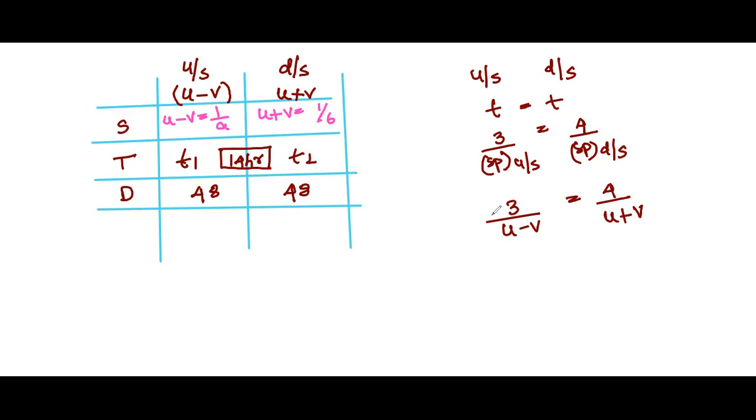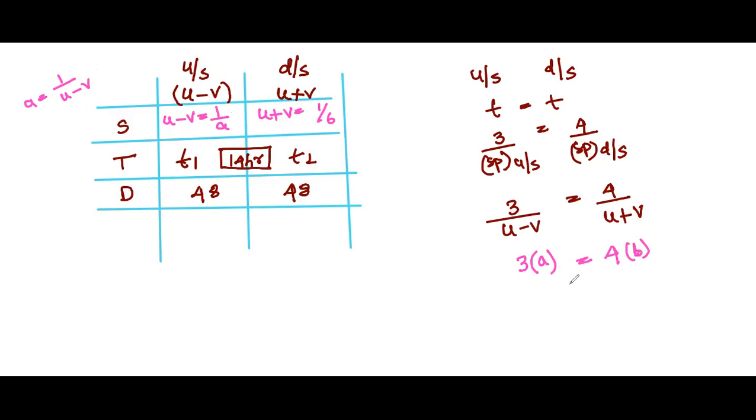If you take u minus v equal to 1 by a, then what is a? A is equal to 1 divided by u minus v. So use this one and you will get this. Okay, this 3a will be equal to 4 into b, because b is equal to u plus v, so it becomes 4 into b.